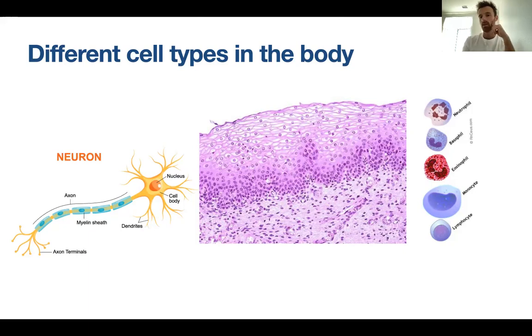And so if you take micro and we talk about immunology, you learn that all of these different white blood cells have specific mechanisms to essentially destroy, eliminate these foreign invaders.